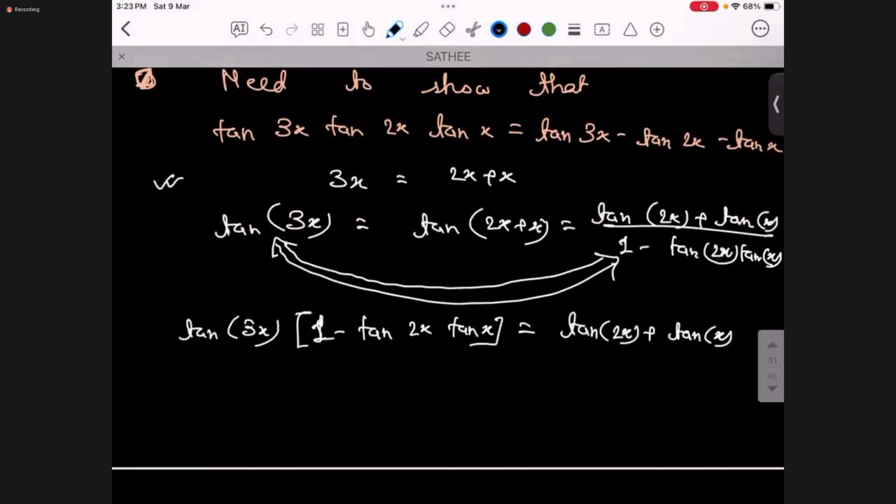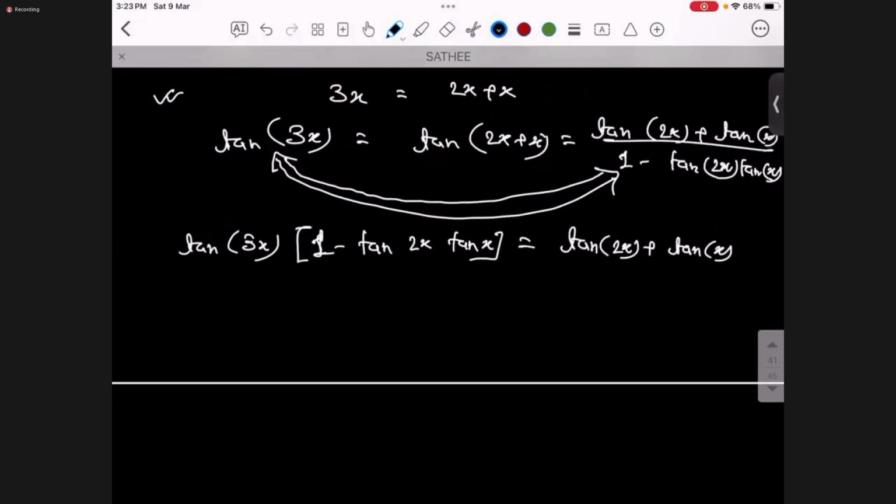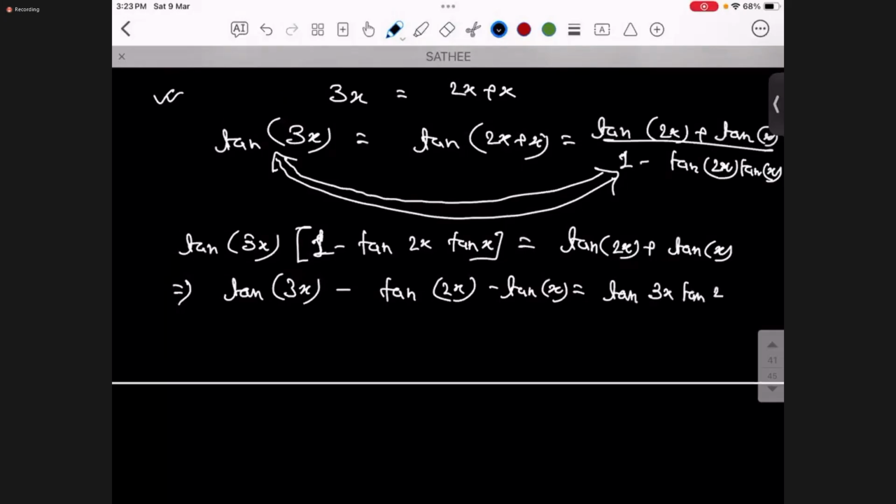Now just take these terms to the left and the other things to the right. What we will get? Tan 3x minus tan 2x minus tan x equals tan 3x tan 2x tan x.